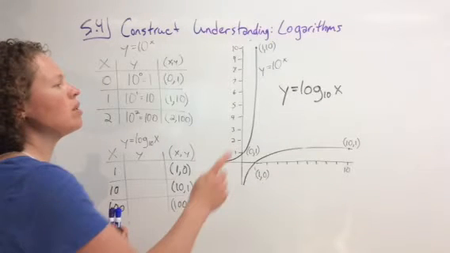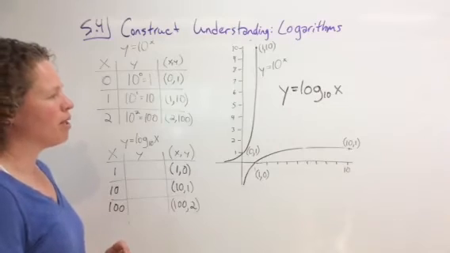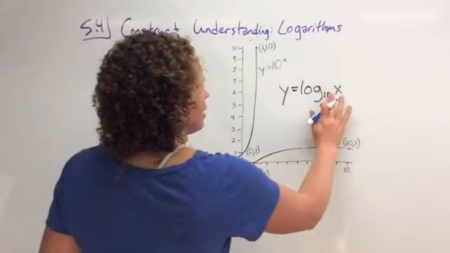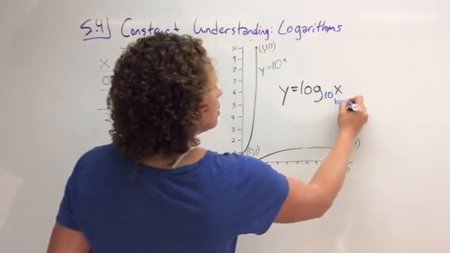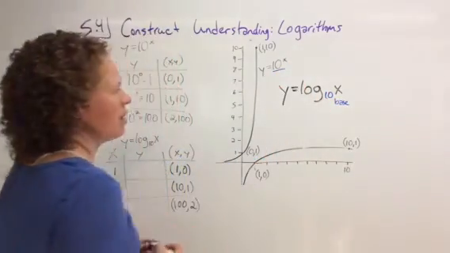It corresponds with this one. So I'm going to show you how. First of all, you can see that there's a 10 in both of them. That's what we call the base. So 10 is the base. I'm just going to make it blue. And you can see that 10 is right there as the base.